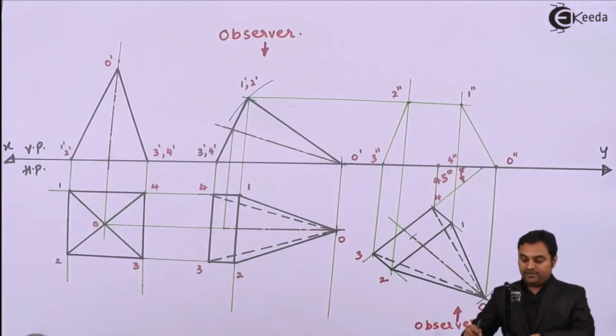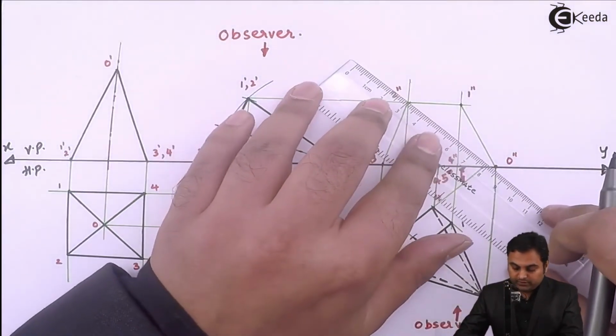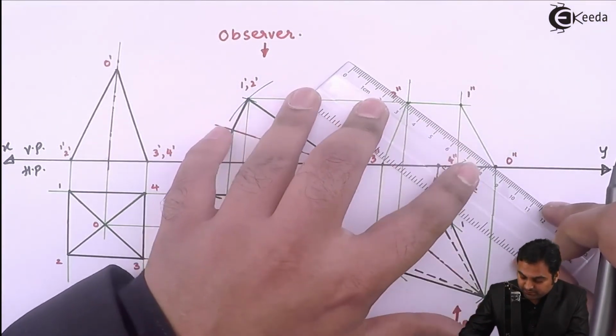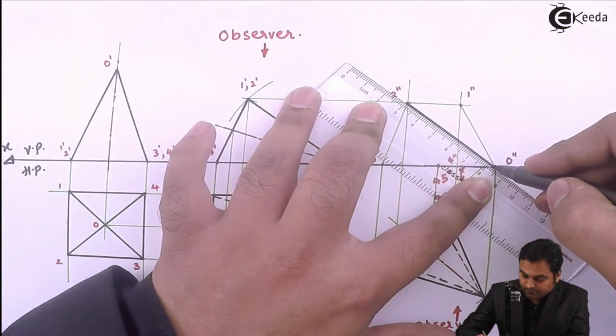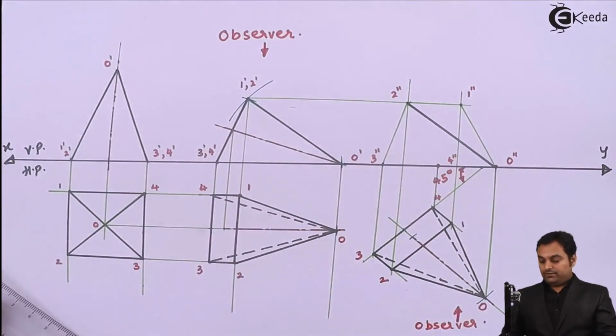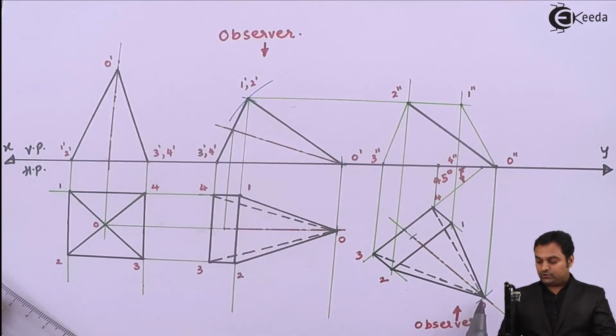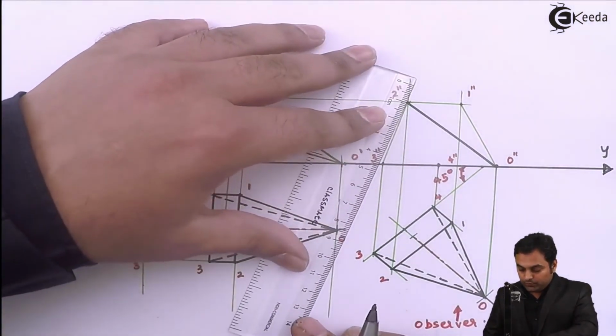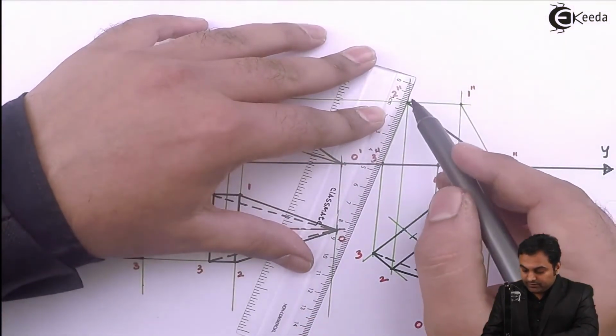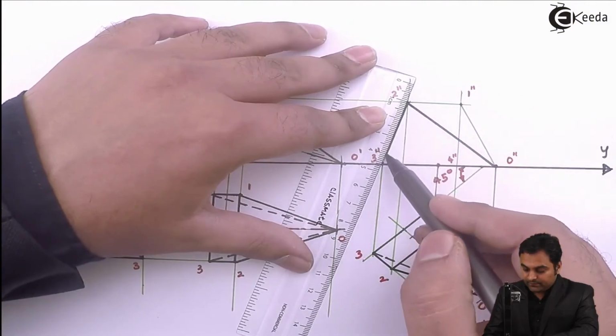So I'll directly make it dark O to 2, that is O double dash to 2 double dash. Next, this entire face which is O to 3, the triangular face is visible. So O to 3, the triangular face is there.